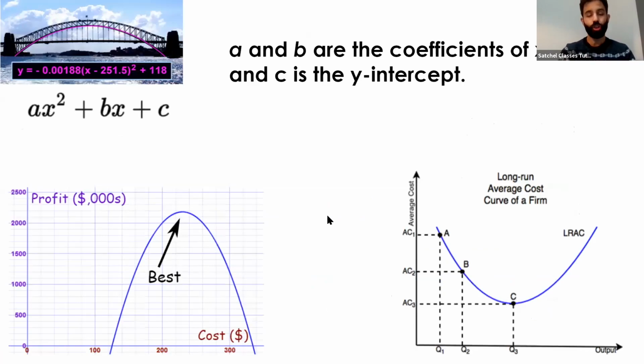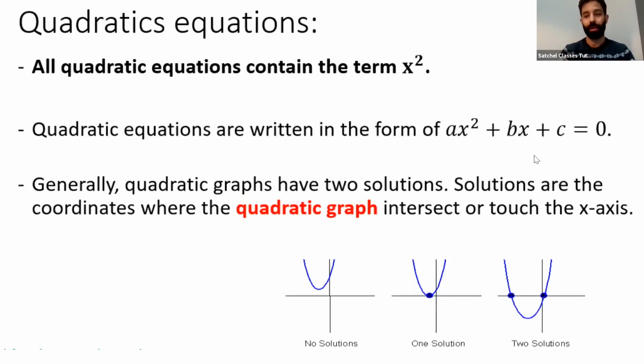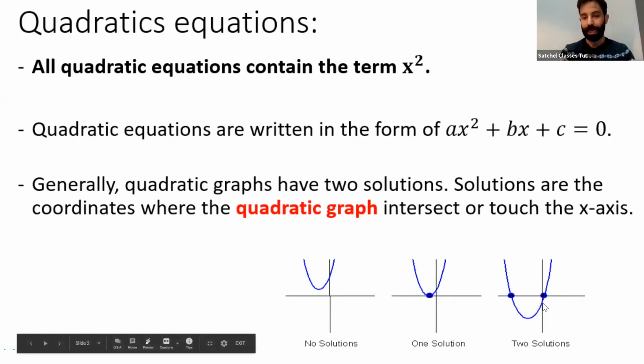Now, we mention it here: C is the y-intercept, and that will become clearer in a moment. So C here, this is the point at which we intersect the y-axis. So this point here would be our C value, this point here would be our C value, and this point down here would be our C value as well.